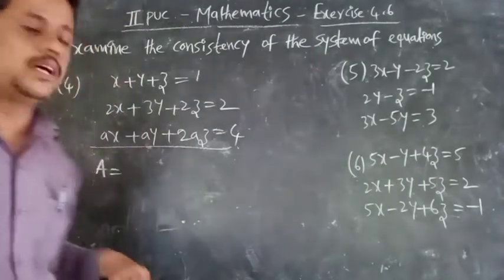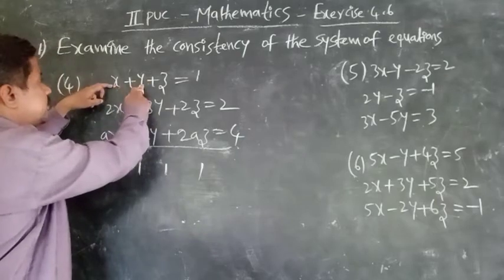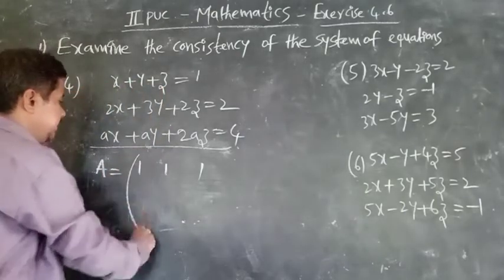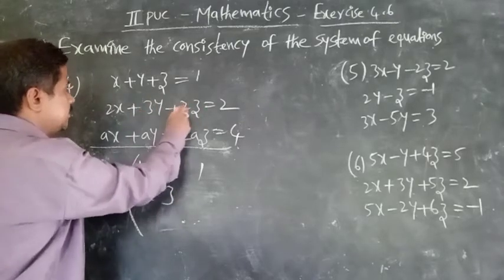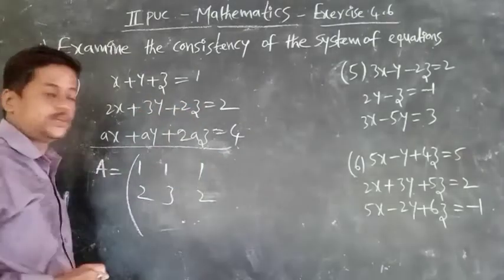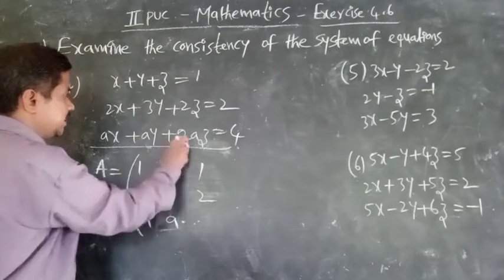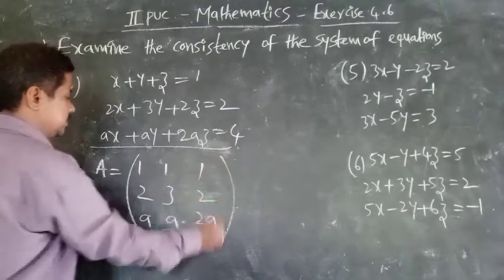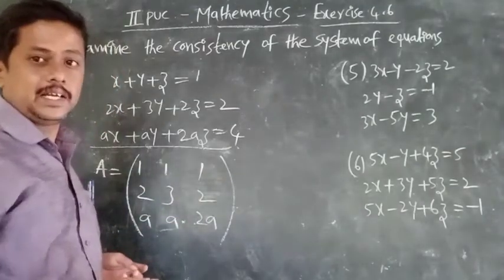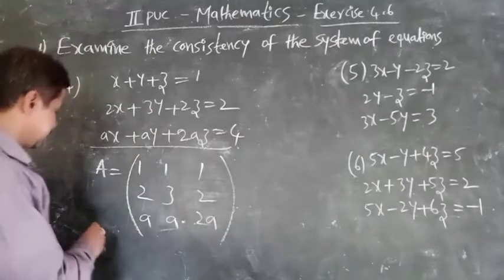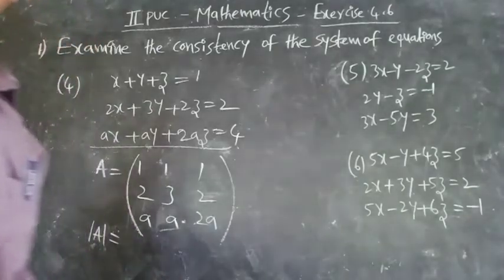The x, y, z coefficients are 1, 1, 1, then 2, 3, 2, then a, a, 2a. First you have to write it like that. Next you have to calculate the determinant value, det A.